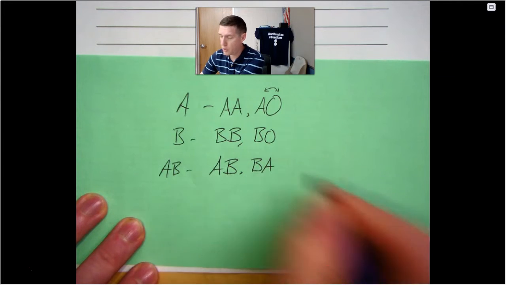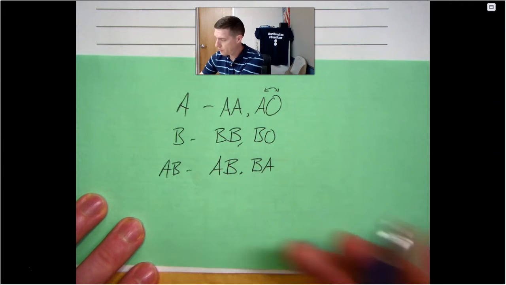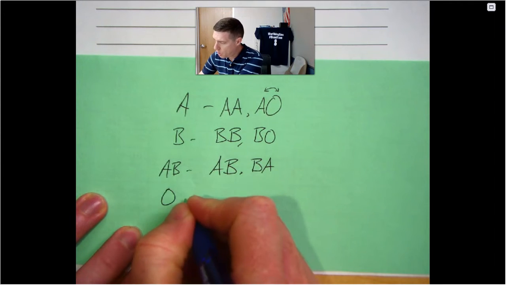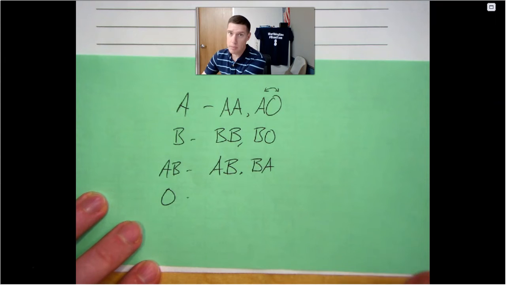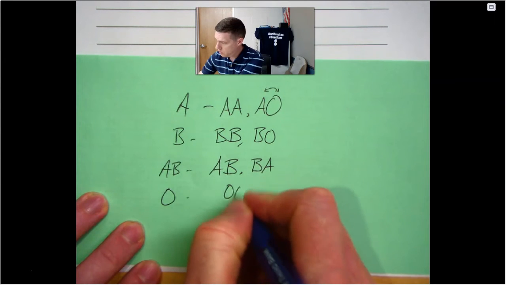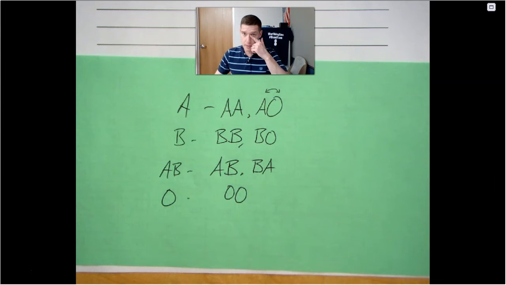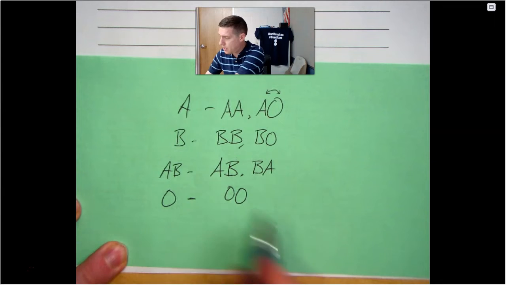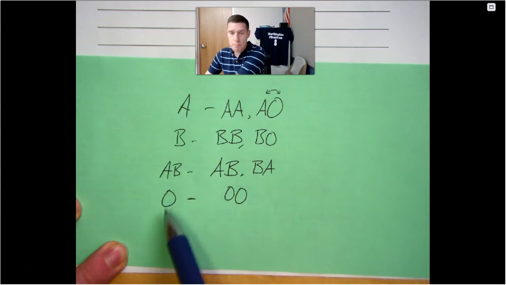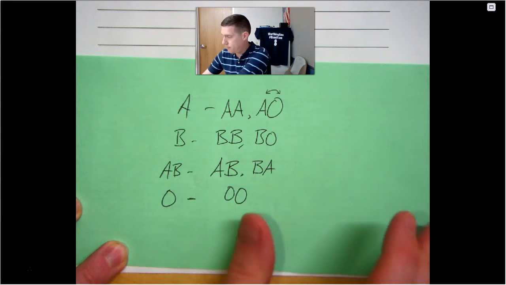However, because they are both co-dominant, you could write the letters this way. And then there is blood type O. Now, in this case, there's only one way to be blood type O, and that is to have both letters be O. That's it. So these are the genotypes that correspond to the blood type you can have.